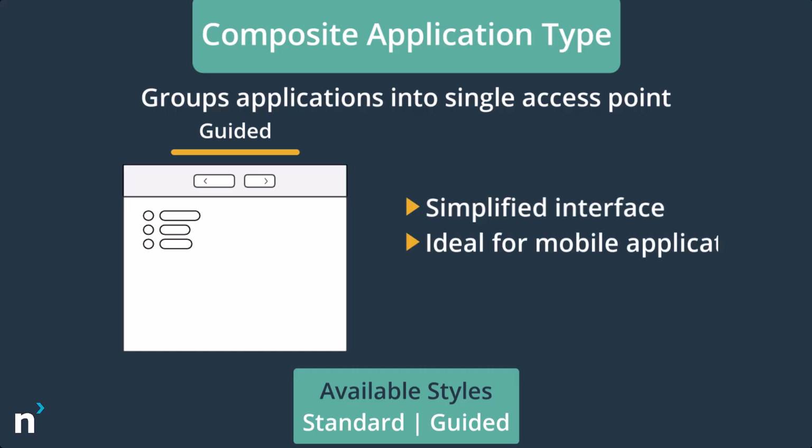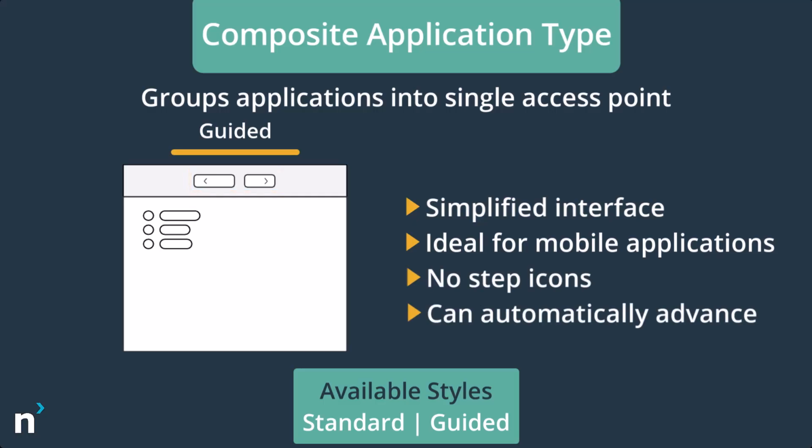This style is useful for mobile application creation. In this application style, you select the arrows to change between steps. And there are no step icons in the header region. Additionally, you are automatically advanced to the next step when a value is entered into the last field on the page.